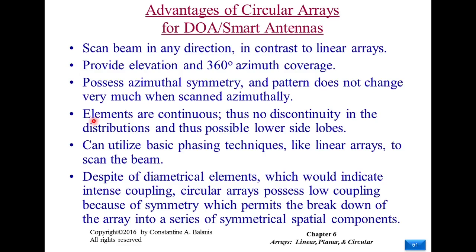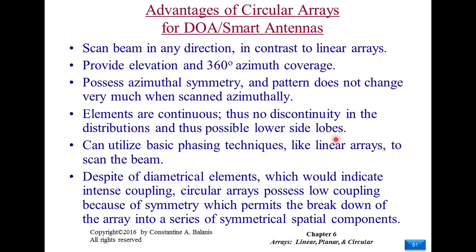One thing here: the elements are continuous. Continuous means that in a linear array you have a start and an end, but here, because it's circular, it acts as if it's long, and this will result in low side lobes because it looks continuous. So it's as if you are taking a linear antenna array and curving it to make a circle out of it.